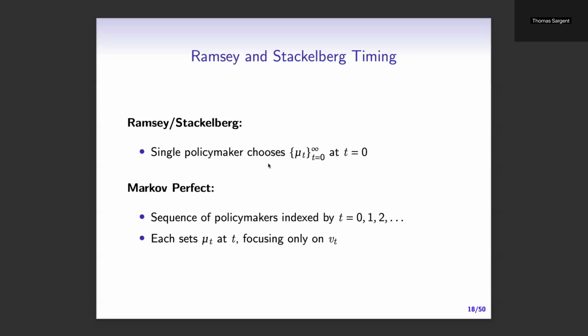That continuation Ramsey planner is a virtual thing that we put in to represent the Stackelberg Ramsey plan recursively. But everything was happening at time 0; the continuation Ramsey planner was imaginary, really. It was a device to represent the plan recursively. So I want you to think about that.